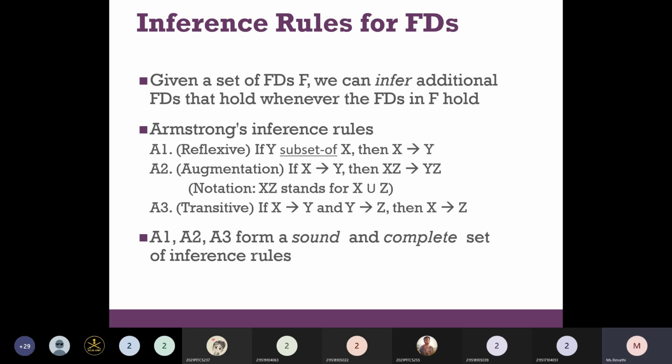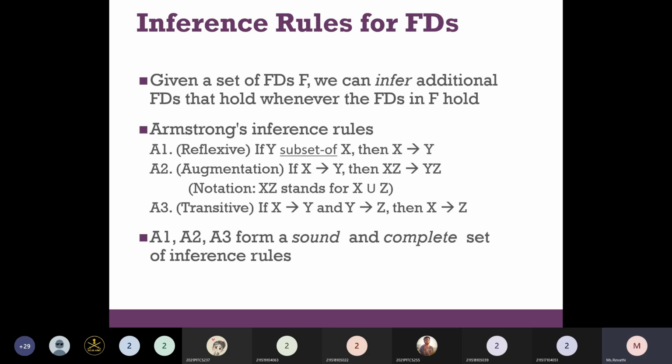Reflexive, in the sense that if Y is a subset of X, then we can say that X determines Y, because Y is a subset of X. So X can be used to functionally determine the values of Y, and we can write the notation X determines Y. That is reflexive.